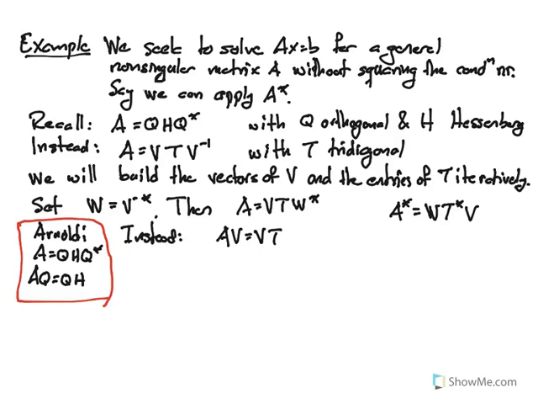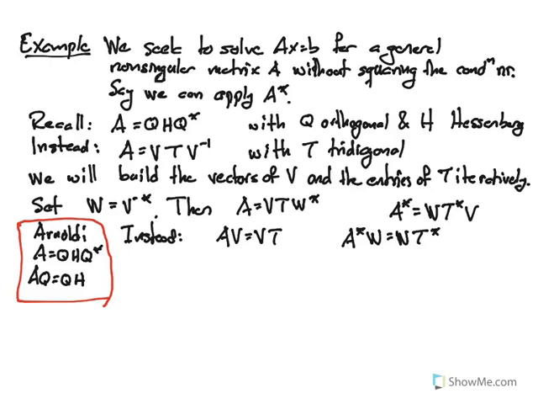And we also get an equation for W, which is that A star W is equal to W times T star. So now we've got two chains of relations. We're going to build V column by column and W column by column. These vectors are not going to be orthogonal, but they're going to be orthogonal pairwise to each other, so to speak.